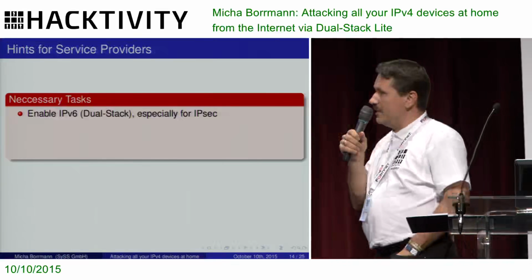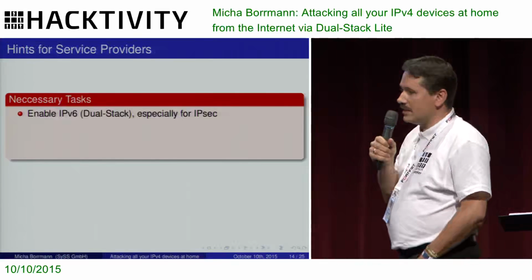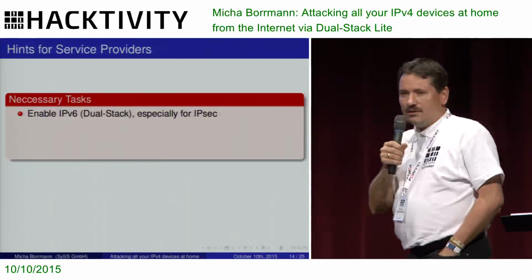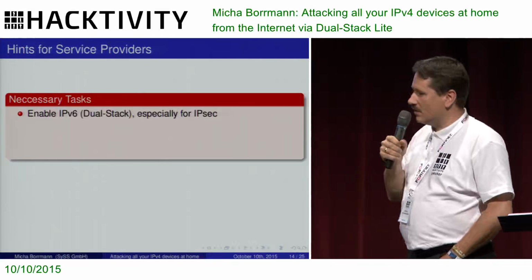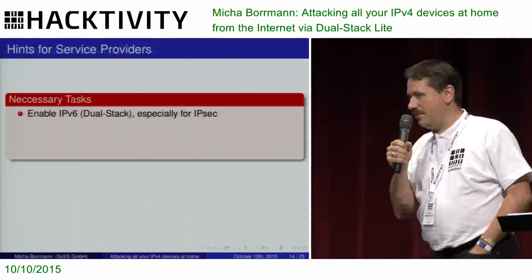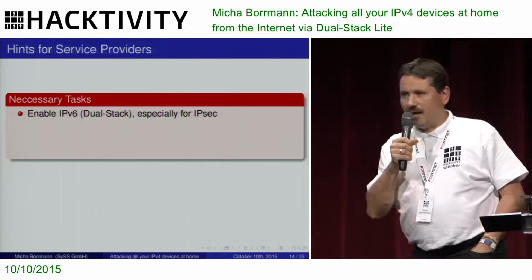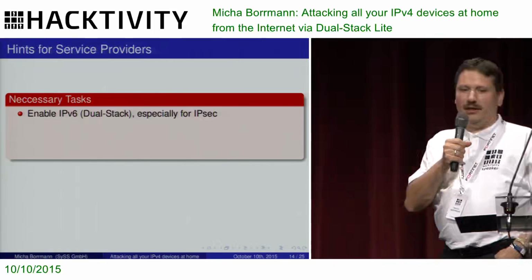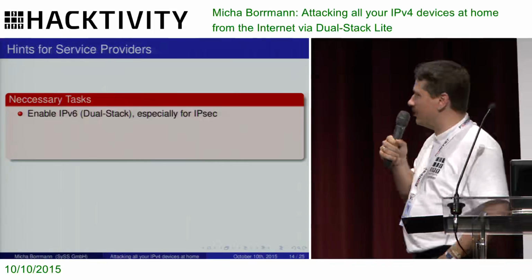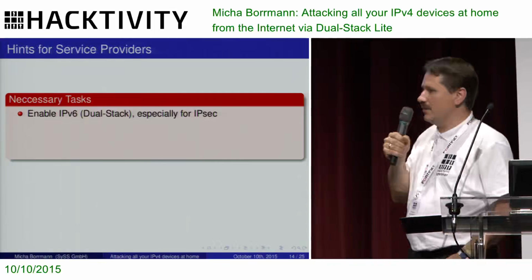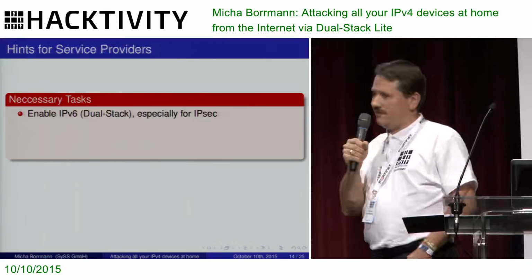And now there are some necessary tasks if you provide services, like a mail service or whatever. At first, enable IPv6, especially for IPsec, but in general, if you provide services, please provide them also with IPv6, because millions of people don't have IPv4 anymore.